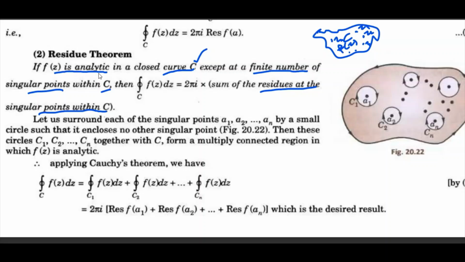Then the integral of f of z dz is equal to 2 pi i times the sum of residues at the singular points.